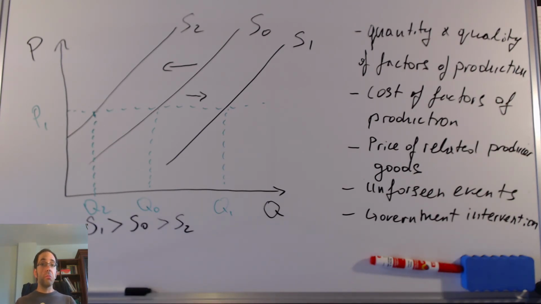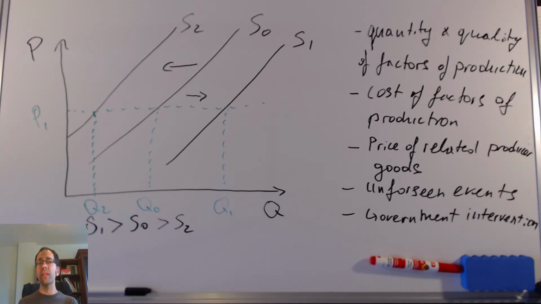Unforeseen events, a natural disaster always decreases the supply, so the supply will be shifted to the left. An increase in the price of oil almost always decreases the supply, so the supply will decrease. And finally, government intervention, increasing taxes will decrease the supply, or decreasing the level of subsidies.